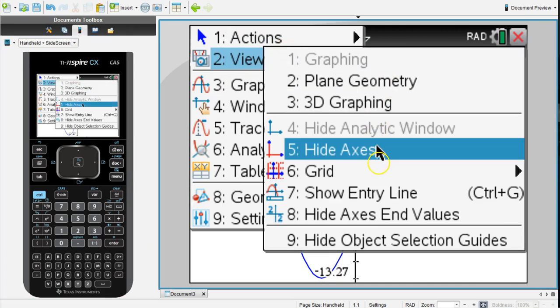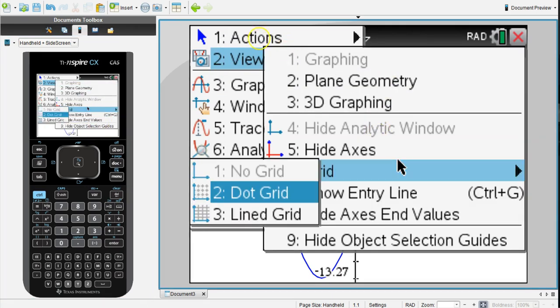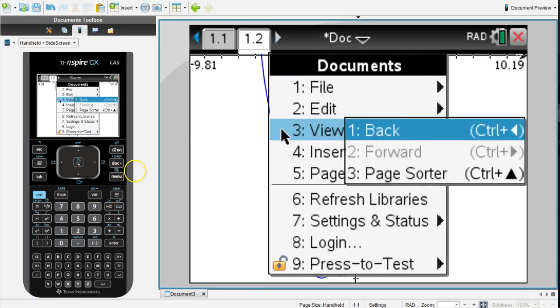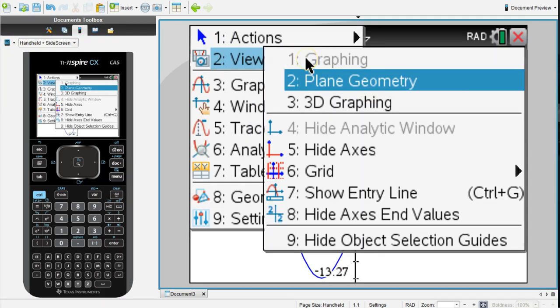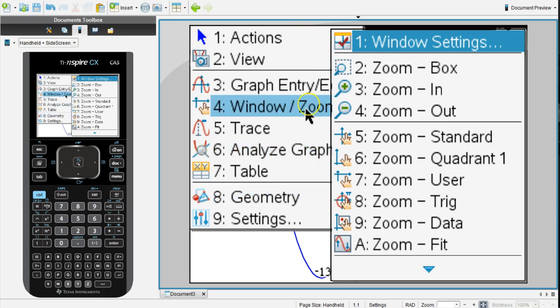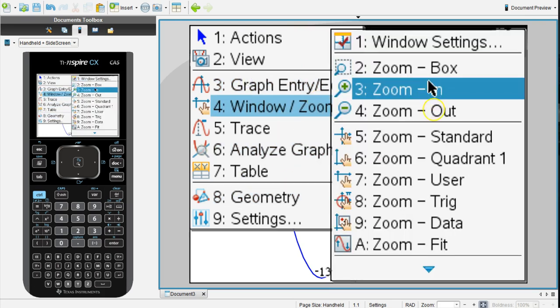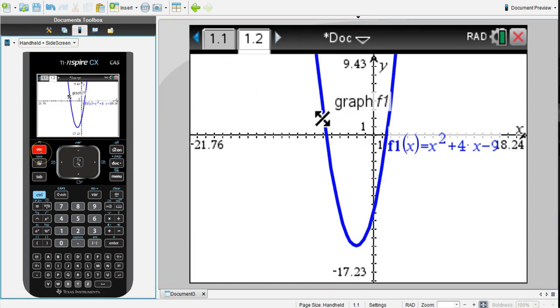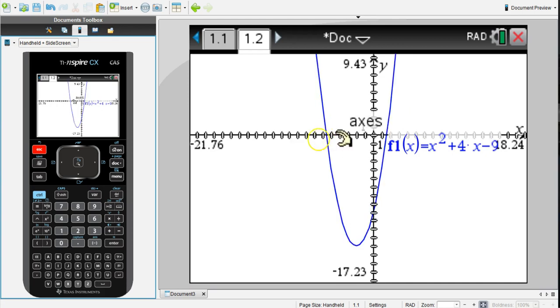View, zoom... should be under menu. Graph. Where is it? Oh, window zoom. There we go. So we'll just zoom out just a little bit right there. Alright, so what does that do? I can see our vertex at -2, -13, and it opens upward. It crosses at -2 plus root 13 and -2 minus root 13, comma 0.